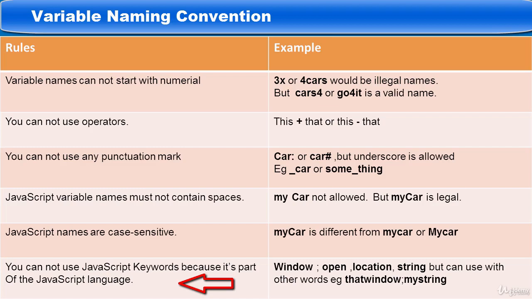However, you can use them in combination with other things. For example, you can call a variable thatWindow, or maybe myString, or whatever. You can combine them with other text. That is acceptable.